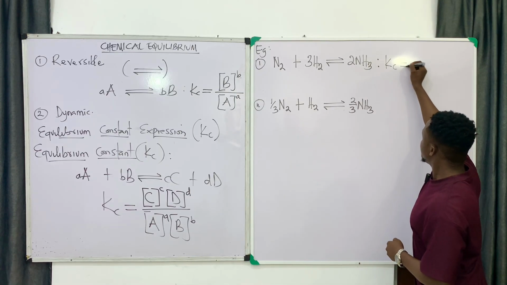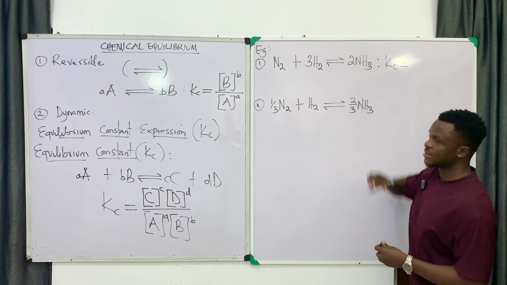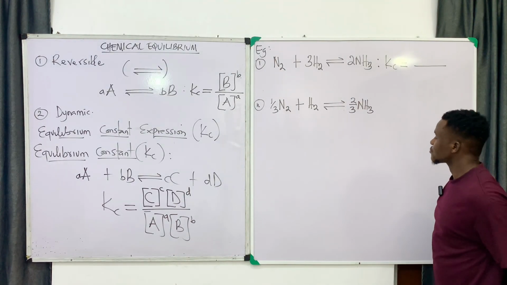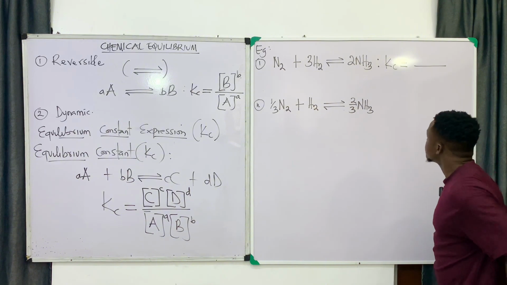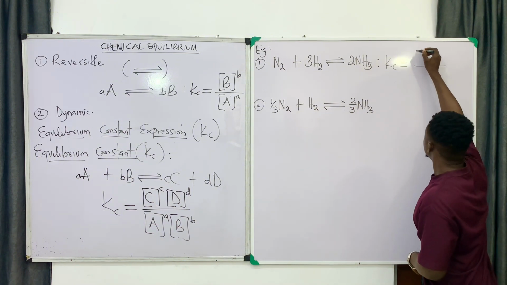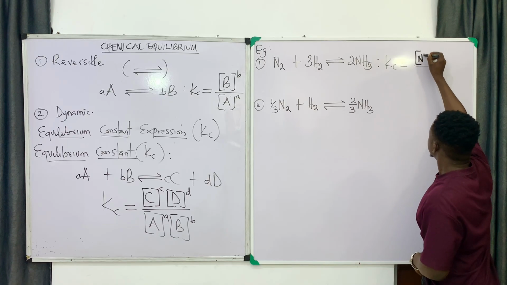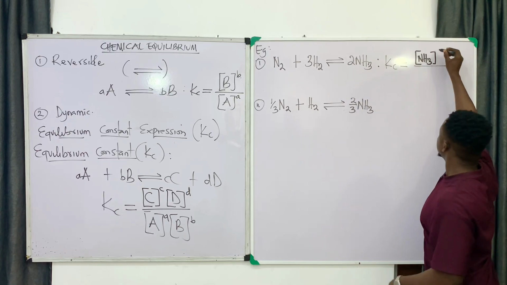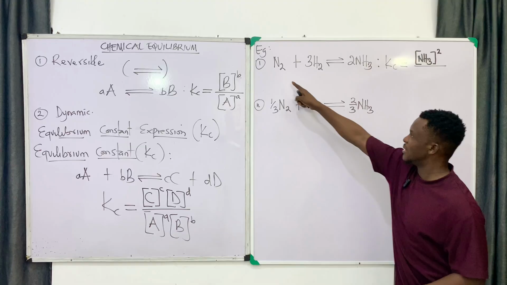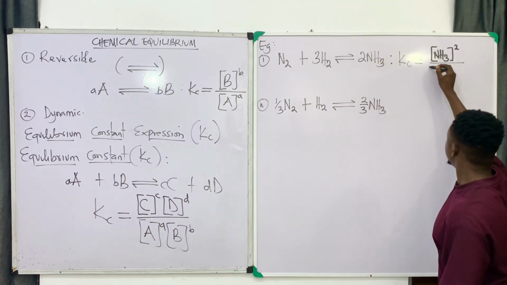Kc, the product of this reaction is ammonia. So we say the concentration of ammonia, we use square brackets. What is the coefficient of ammonia? 2. All over that of the reactant.